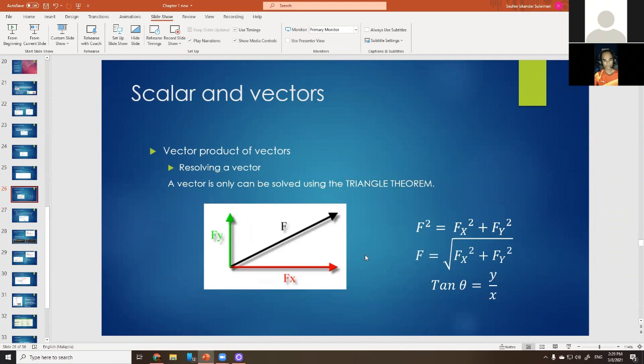If the angle over here is theta, then Fx will be F cos theta, if you use trigonometry with a triangle. And Fy will be F sine theta.